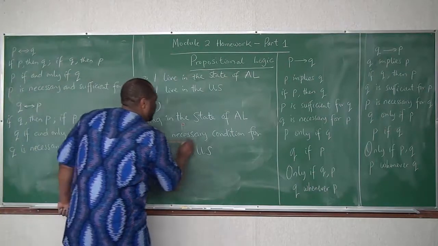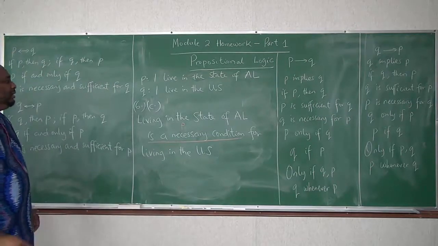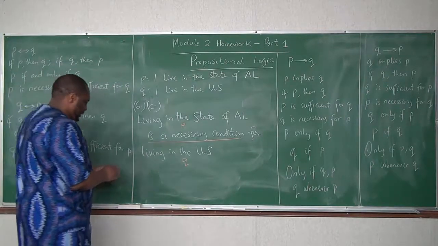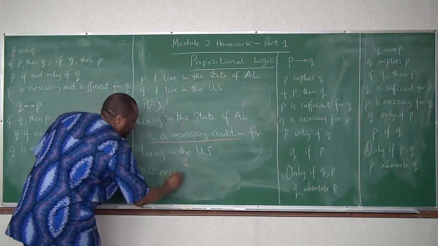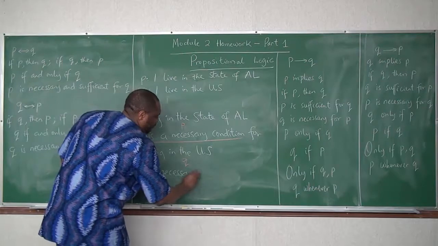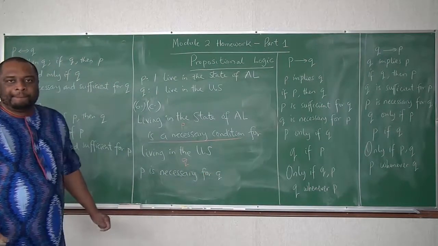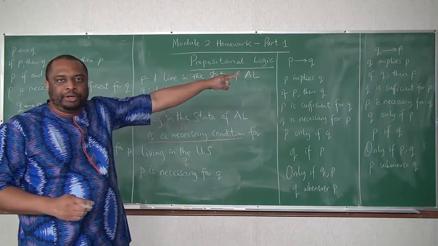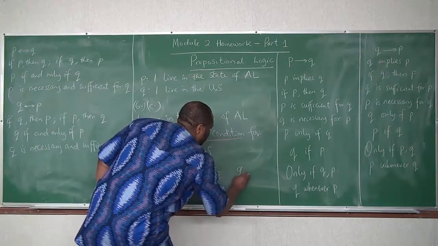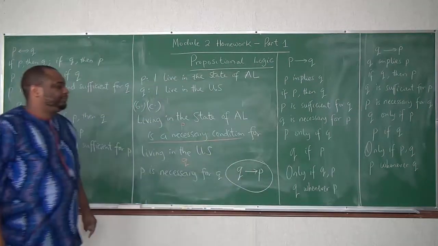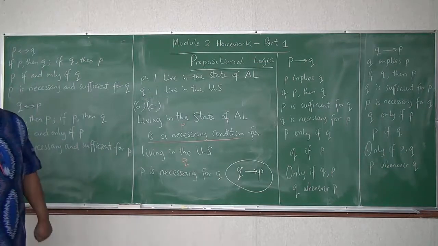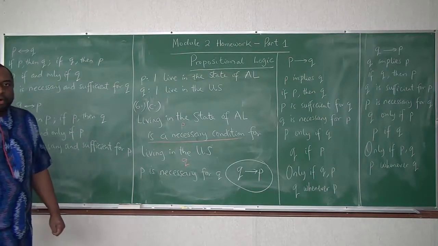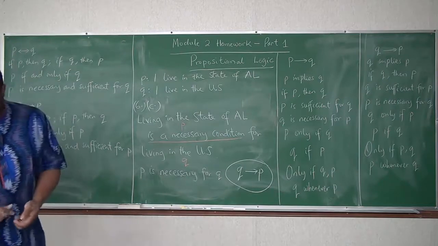We need this necessary condition for living in the US, Q. So this means P is necessary for Q. P is necessary for Q means Q arrow P, Q conditional P. So the answer would be Q conditional P. That's it. Okay. Let's go to D.